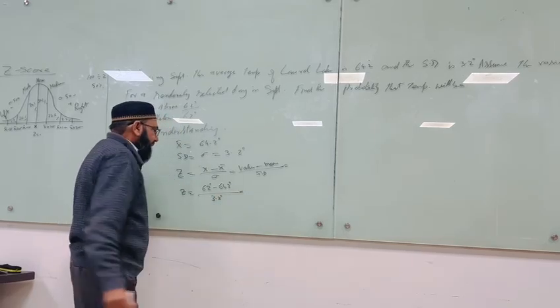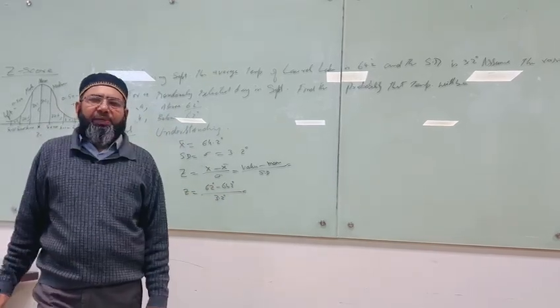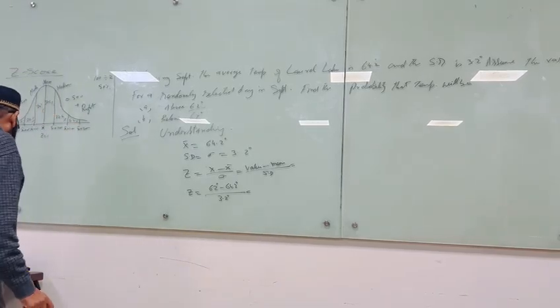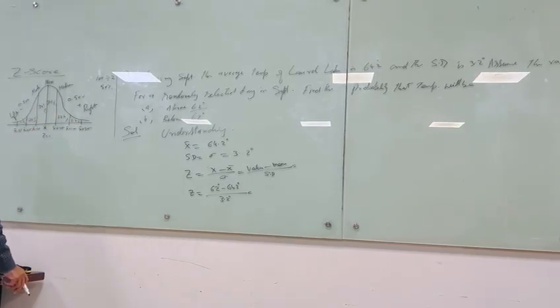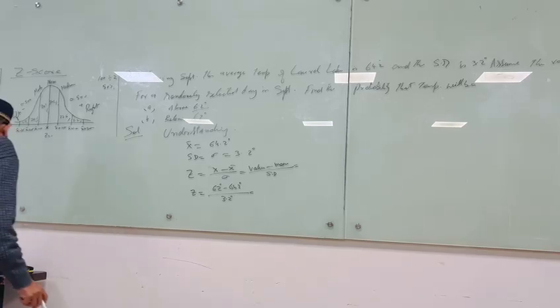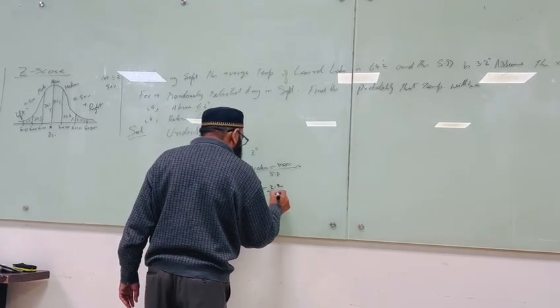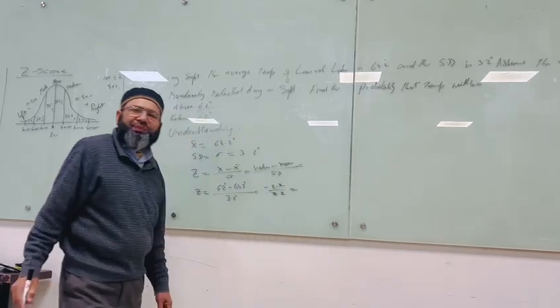Subtracting, we get minus 2.2 over 3.2. What will it be now? Calculate.